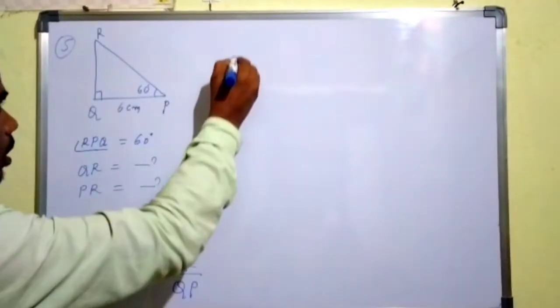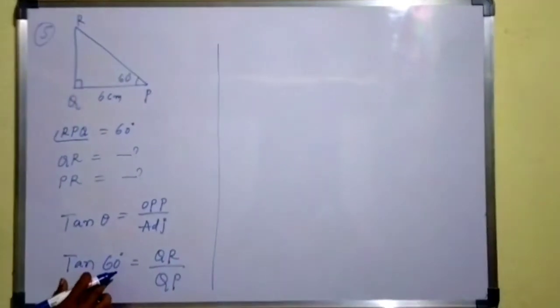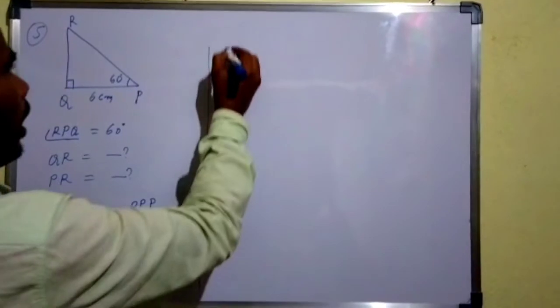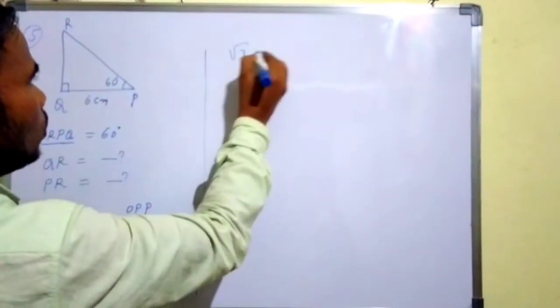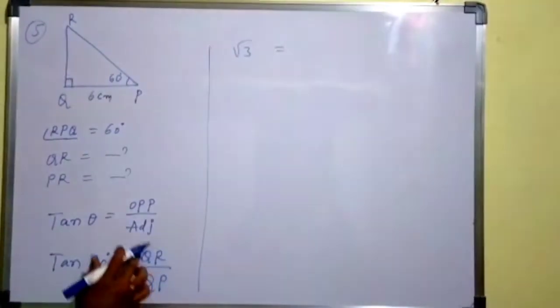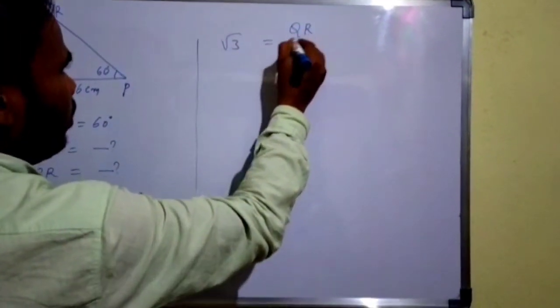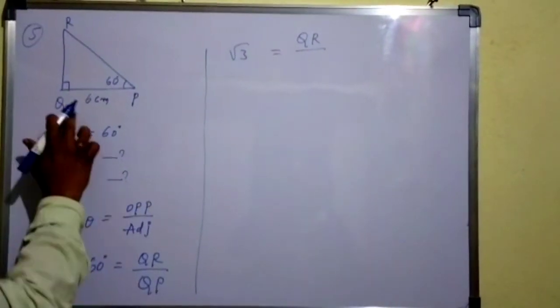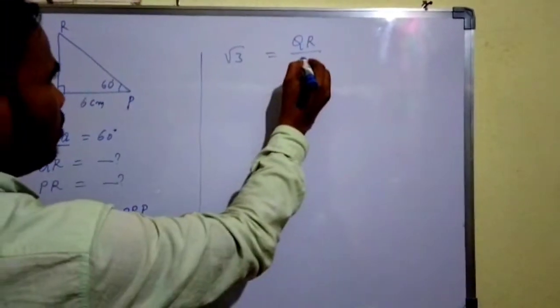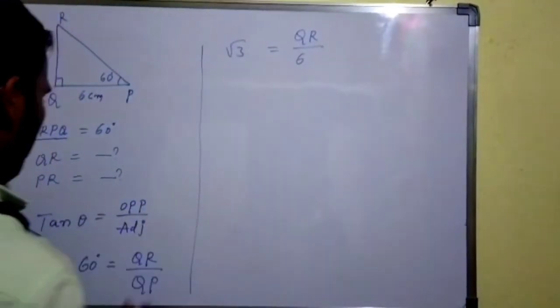Here we substitute: tan 60 is root 3, and QR length, QP length is 6 centimeter.